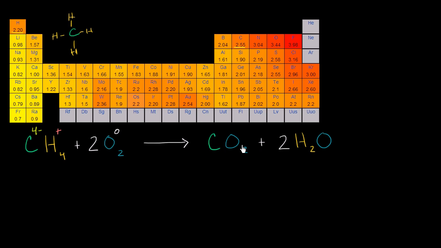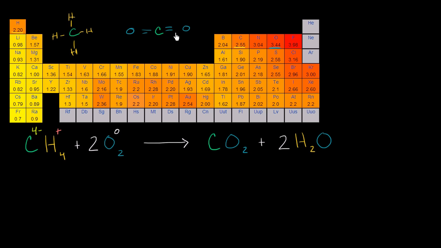Now let's think about this side, the products. Now what's happening here with carbon dioxide? Carbon dioxide is a carbon double bonded to two different oxygens. We see oxygen is one of the most electronegative elements out there, definitely more electronegative than carbon. So in our hypothetical ionic bond world, we would say that oxygen would take 4 electrons.